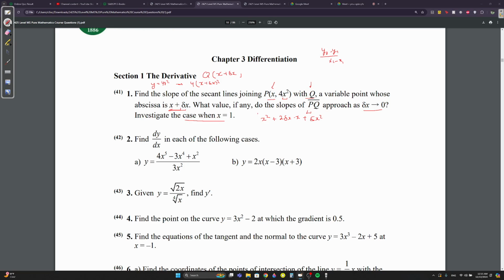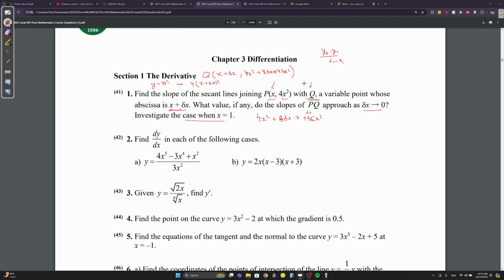And we have a 4 on the outside, so it's going to be 4, 8, and then 4. So the y coordinate of Q is going to be 4x squared plus 8x delta x plus 4 delta x squared.